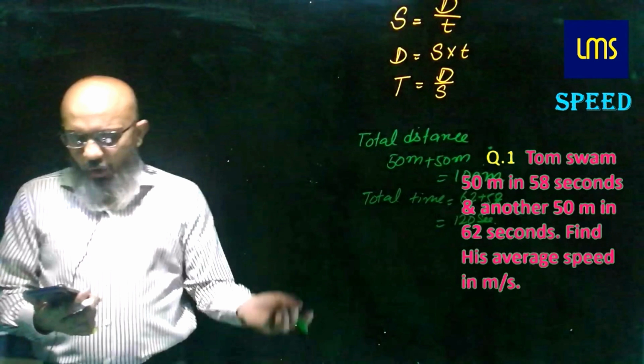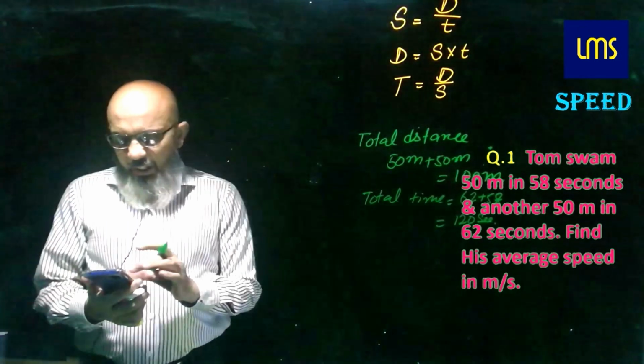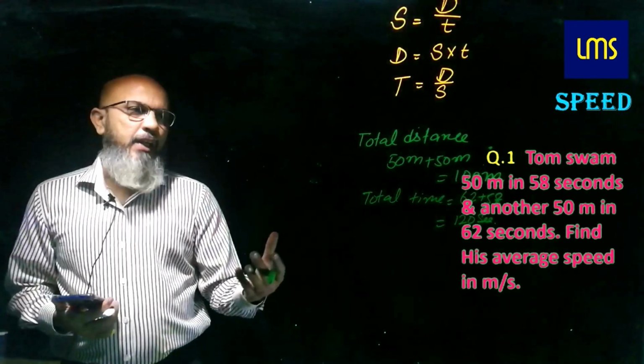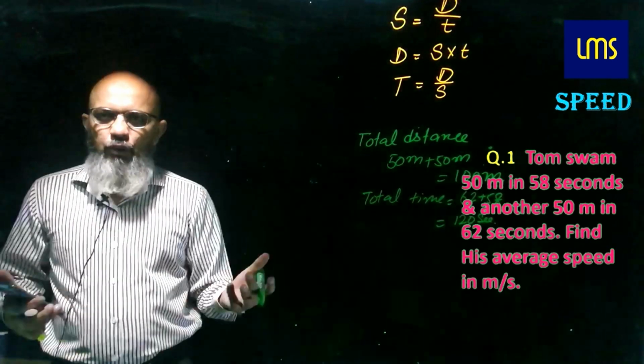Now the question is to find his average speed in meters per second. The unit is already in meters and seconds. So how will you find it? As I told you, total distance divided by total time gives the average speed.